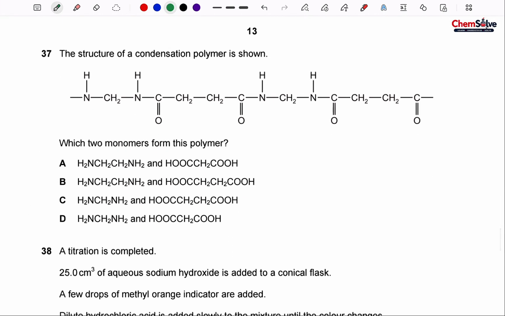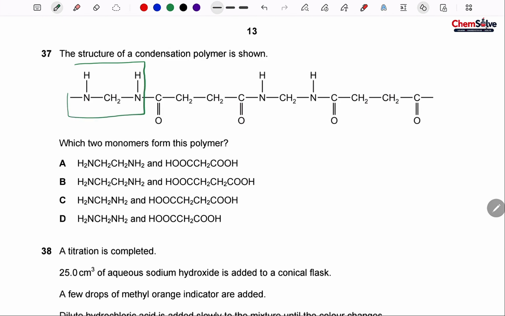Question number 37. The structure of a condensation polymer is shown. Okay, here's the structure. Which two monomers form this polymer? All right. So before looking at the options, try to find our repeating unit. So the first repeating unit is, I guess, this.